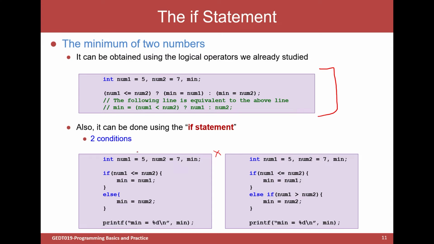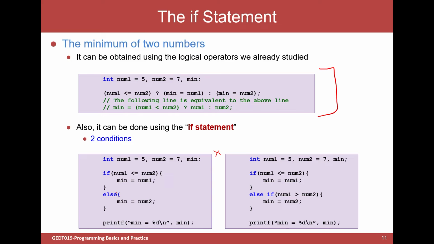the branching is. Here, for example, we have a variable num1 equal to 5 and num2 equal to 7, and we have minimum. Here we say if num1 is less than or equal to num2, in this case we will assume the minimum number is num1 because it's smaller than or equal to num2.